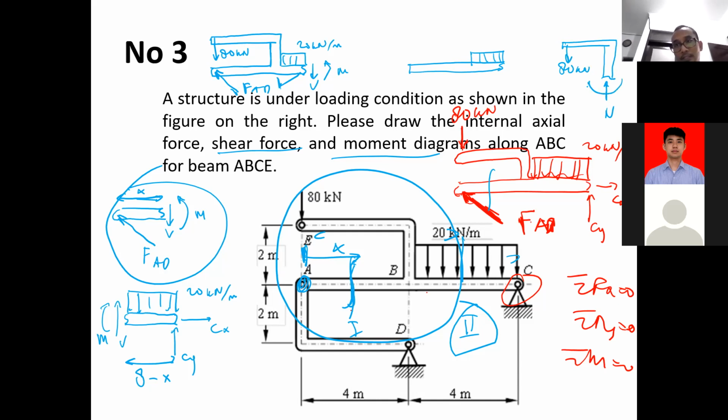Clockwise, counterclockwise. Counterclockwise, clockwise, yeah. Okay, using sigma Fy equal to 0, we will get that N normal force is supposed to be equal to 80 kilonewton, and moment is supposed to be equal to 80 multiplied by 4, so 240 kilonewton meter.